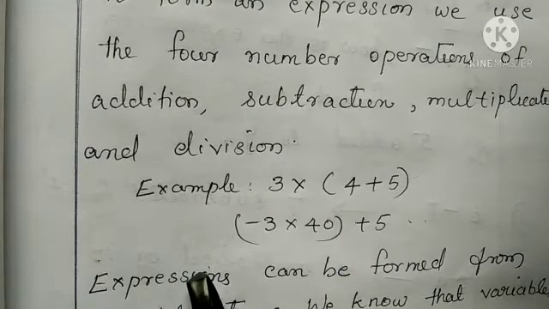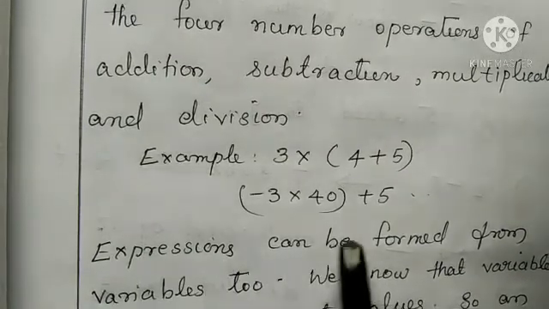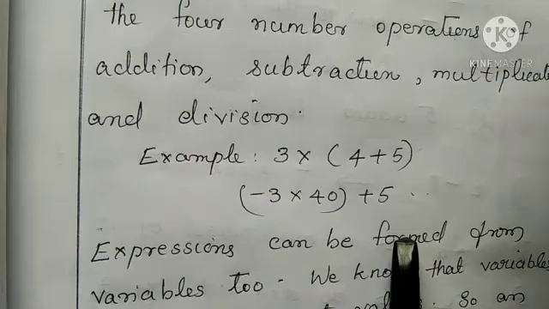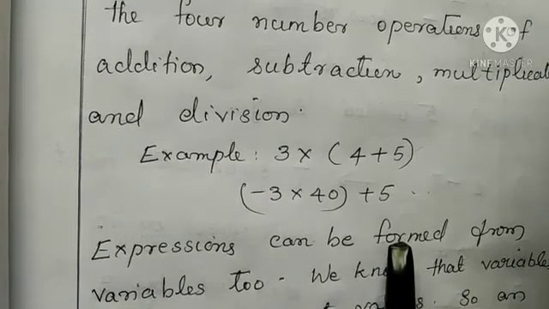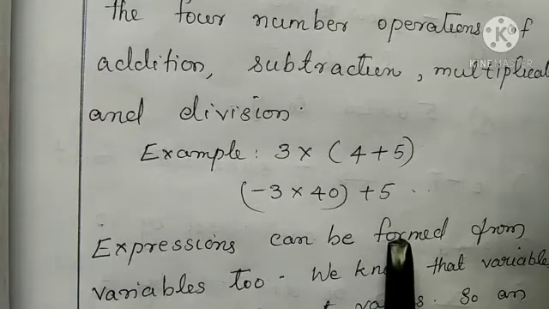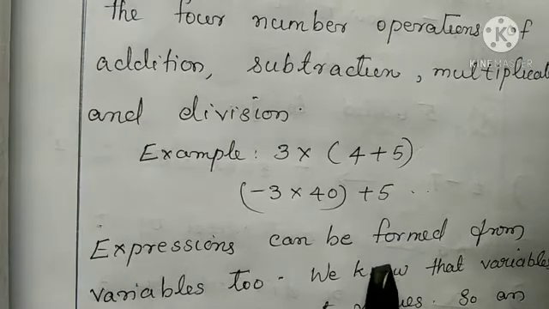Variables, do you remember variables? Variables are the letters to which we can assign values. Any value we can assign to a variable. So expressions can be formed from variables too, meaning letters can also be used in expressions.